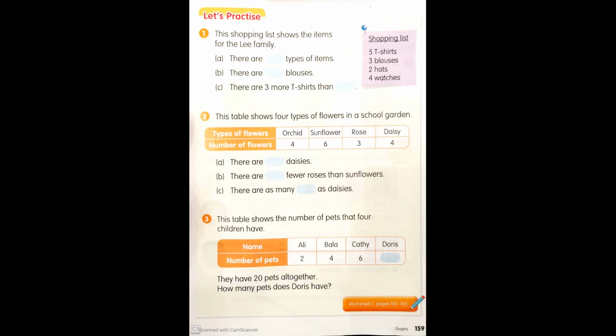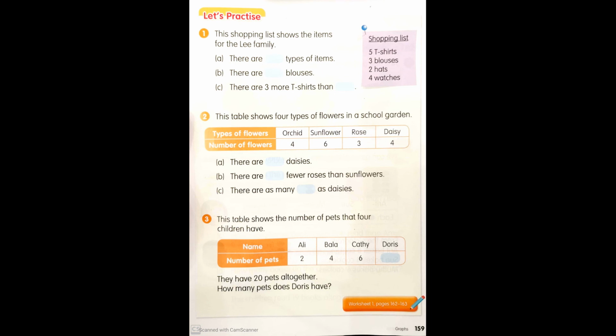In sunflowers there are 6. So there are 6 sunflowers and only 3 roses. So how many more sunflowers than roses are there? Excellent, there are 3. So roses have 3 less than the sunflower, right? Because we did the bigger number 6, take away 3 equals 3.